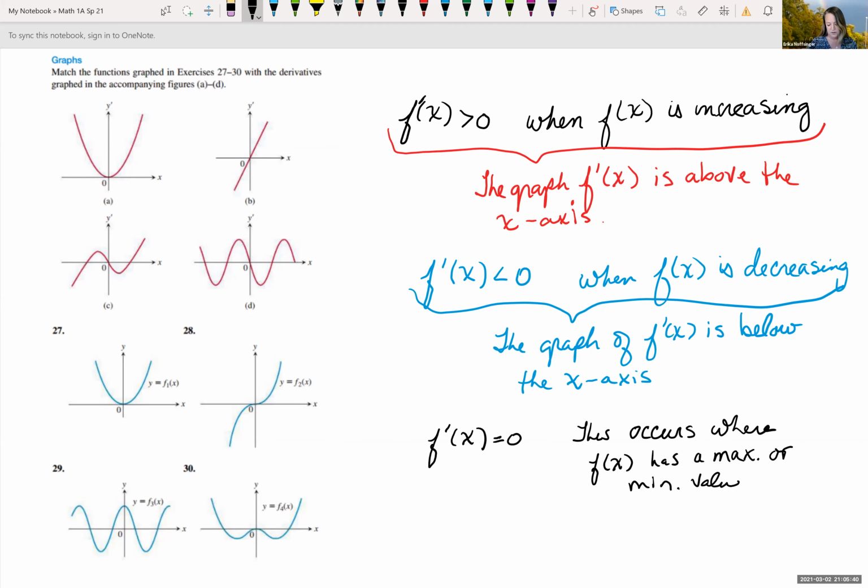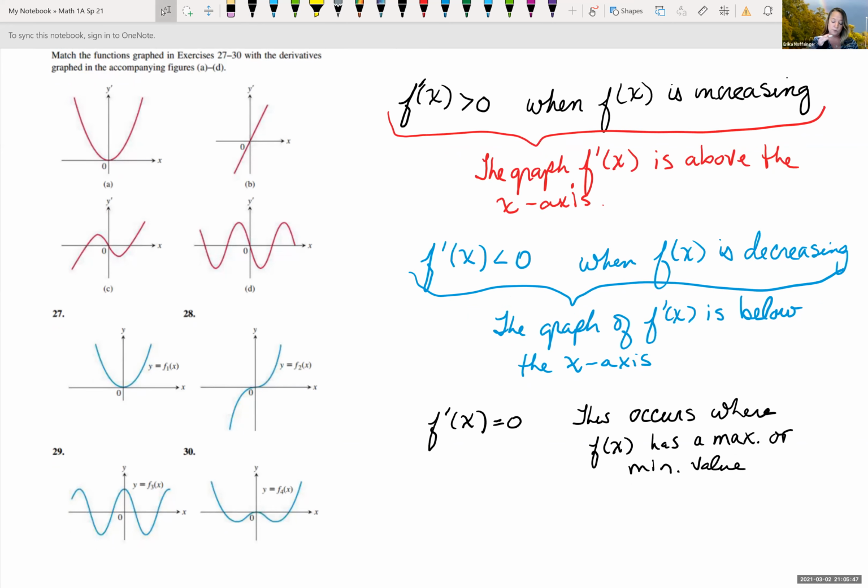It also could be our derivative is equal to 0 on constants. If we looked at a horizontal line, that slope is 0. And so it could be our graph is just leveling out and constant for a while, or we have the graph of a constant function.